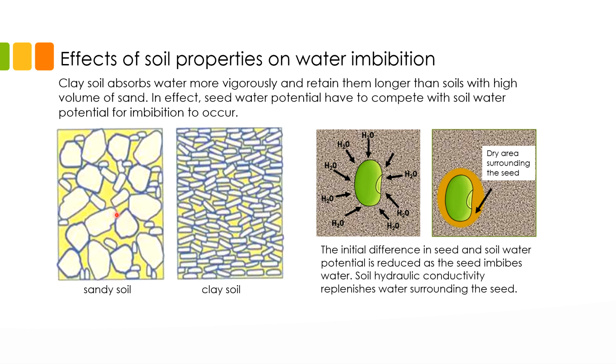That means your seed will imbibe water faster when you put it in sandy soil just because the sand will not hold the water. Now, during imbibition of seeds on the ground, the initial difference in seed and soil water potential is reduced as the seed imbibes water. So after some time, you see a dry area surrounding the seed. Now, soil hydraulic conductivity replenishes the water surrounding the seed, allowing the seed to continue imbibing water.